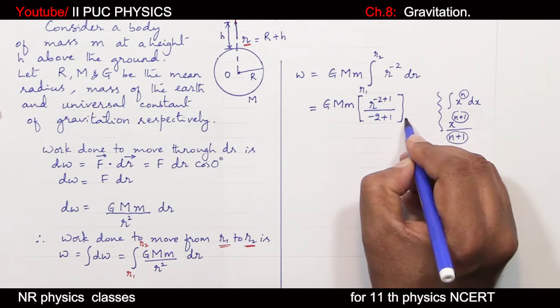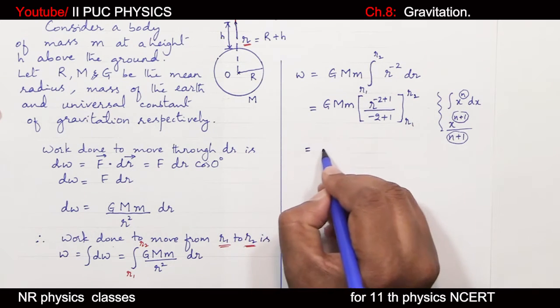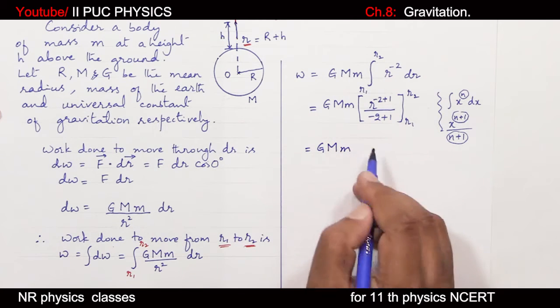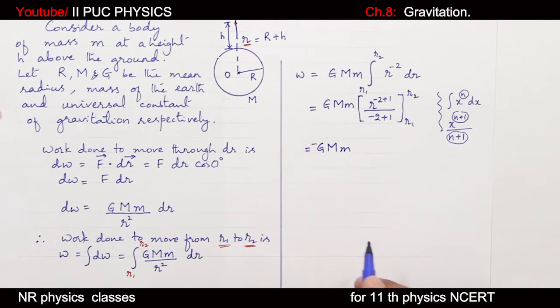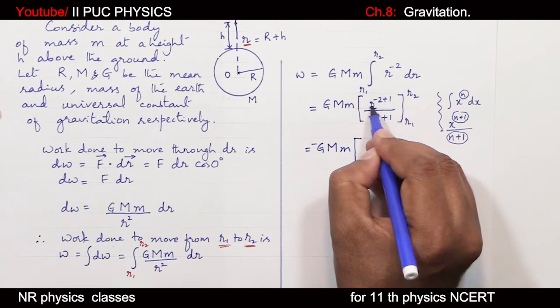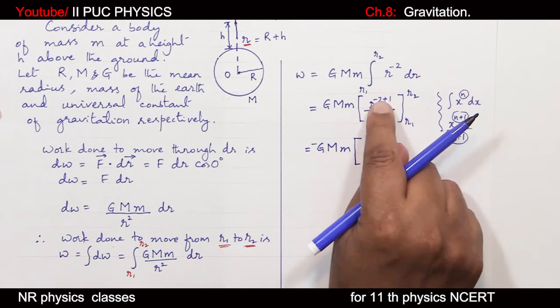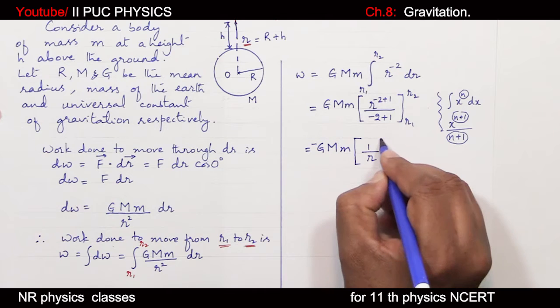Limits are from R1 to R2, equal to GMm, minus 2 plus 1 is minus 1. That minus is this minus. r to the power of minus 2 plus 1 is minus 1. So r goes to denominator, 1 by r.